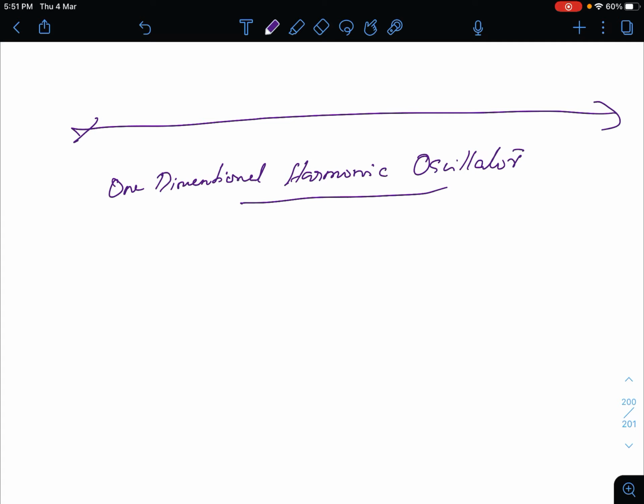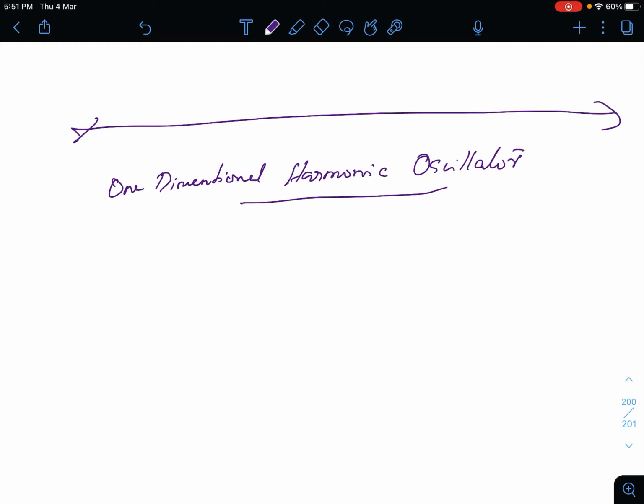So we now consider a one-dimensional harmonic oscillator. We will have to consider its energy.